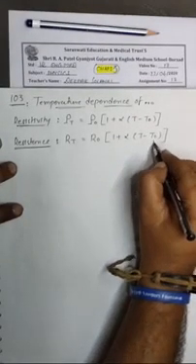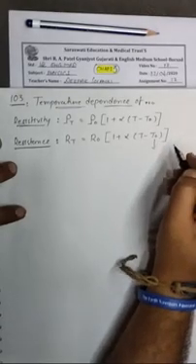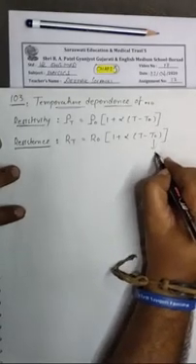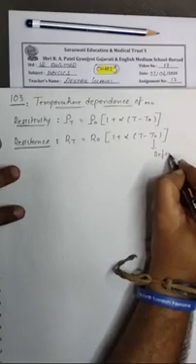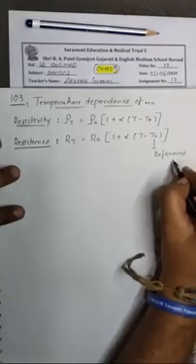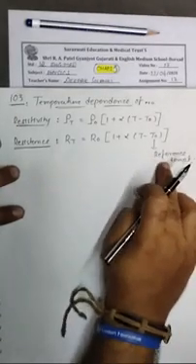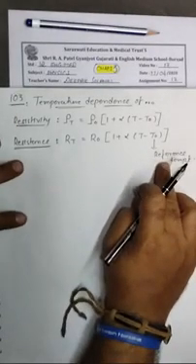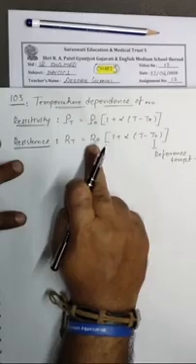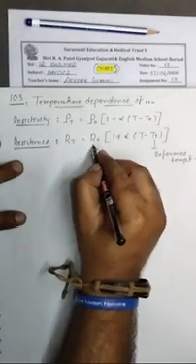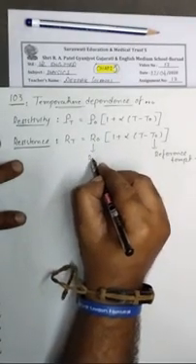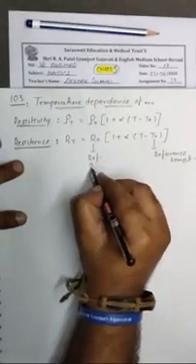What is T0? T0 is known as reference temperature, and at this reference temperature, what is the resistance? That is R0. So R0 is known as reference resistance.